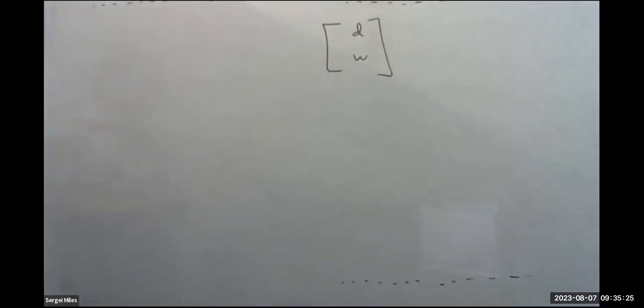So this can be represented as a column vector where the first entry is how my deer population is doing, and the second number is how my wolf population is doing.